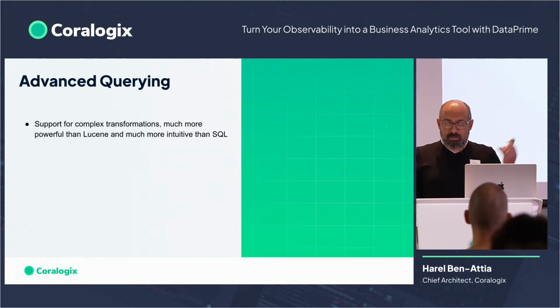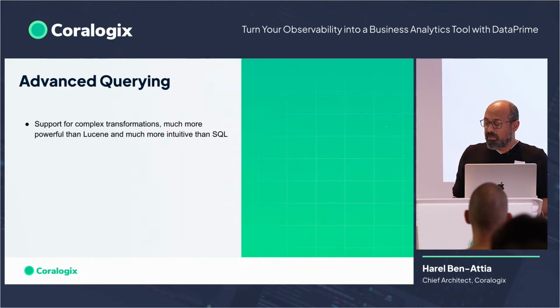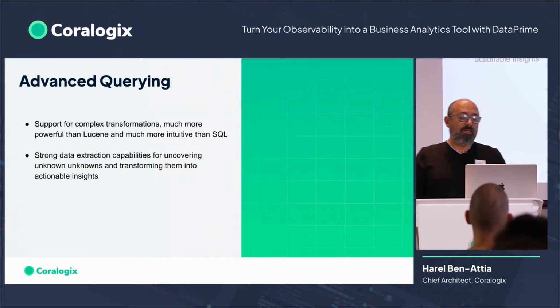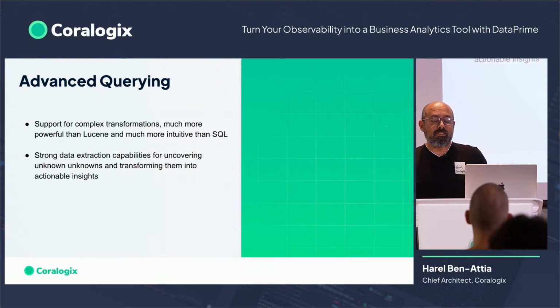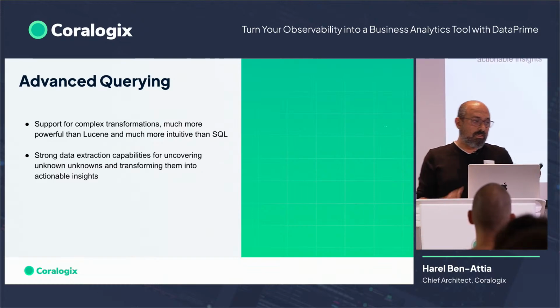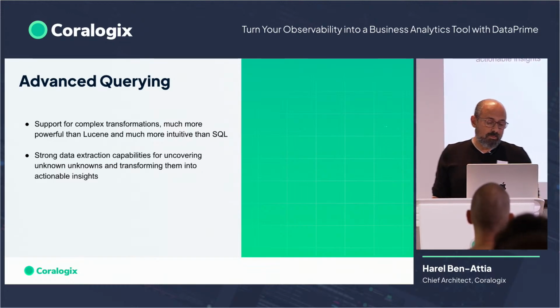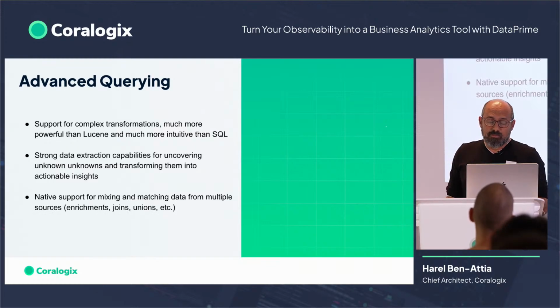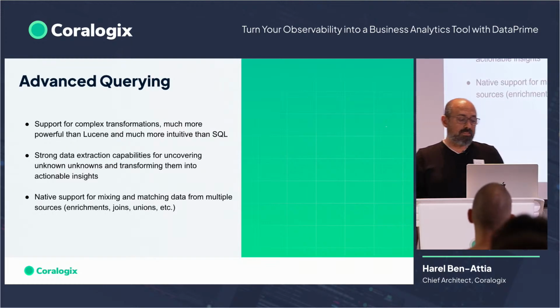Advanced querying, as you saw in the previous two sessions: complex transformation, obviously more powerful than Lucene, but much more intuitive than SQL. I'll touch on it later. Strong extraction capabilities. The idea is to be able to convert unknown unknowns to actionable insights, and that requires a lot of ability to structure and restructure data in a way that makes sense and provides the necessary insight.